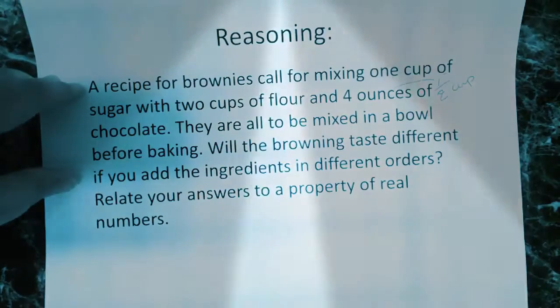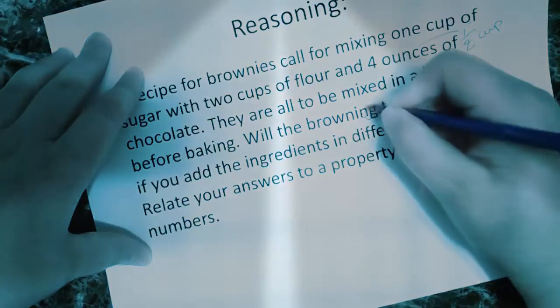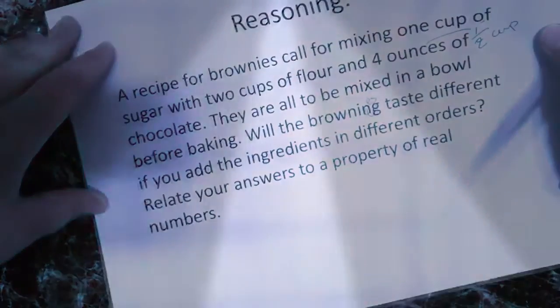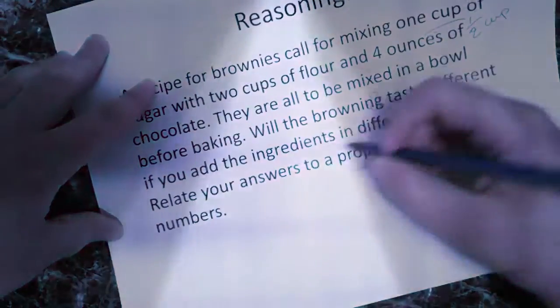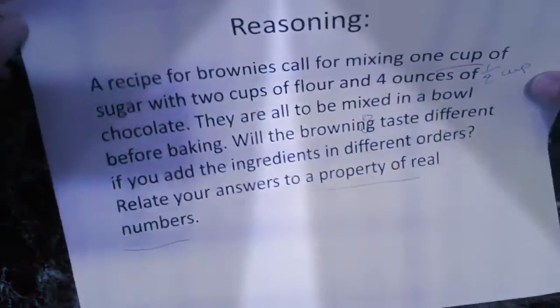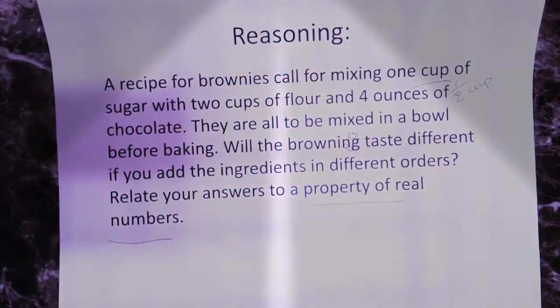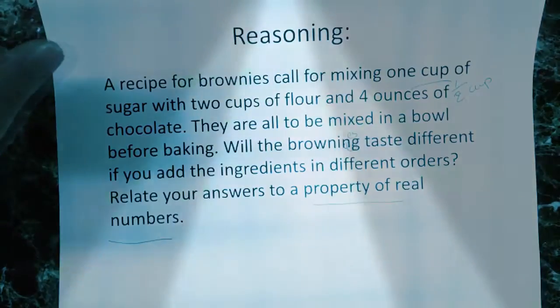Will the brownies taste different if you add the ingredients in different orders? Relate your answers to the property of real numbers. It is not asking you to solve this. It is not asking you to do any math whatsoever except using your knowledge of your properties.